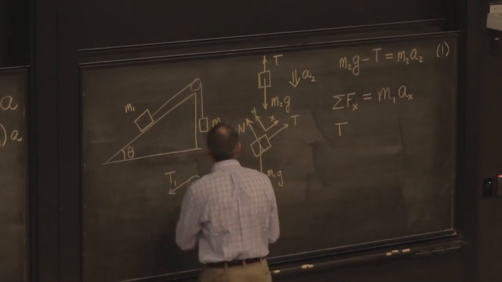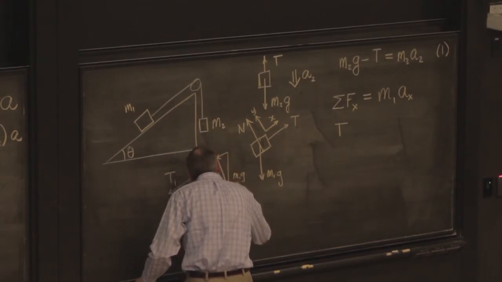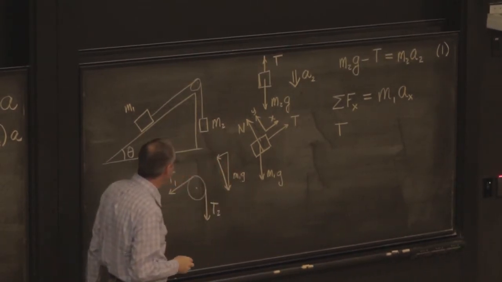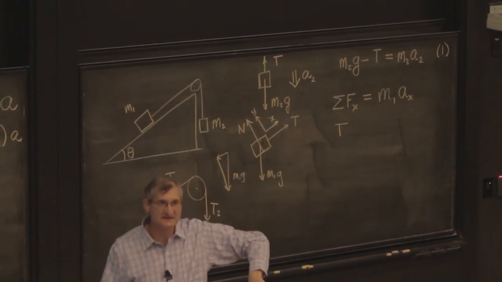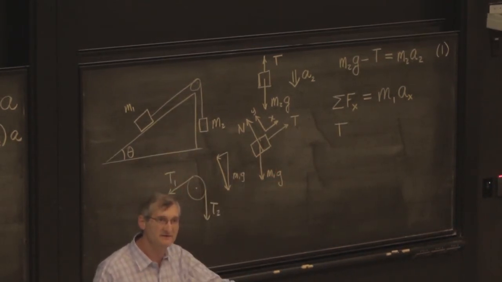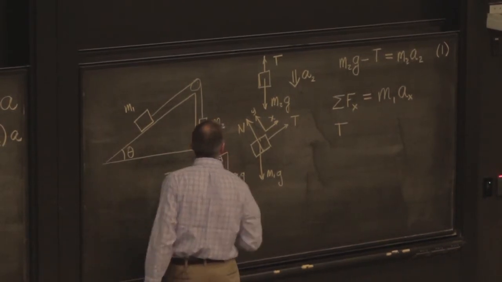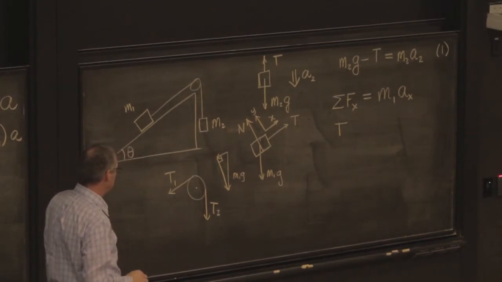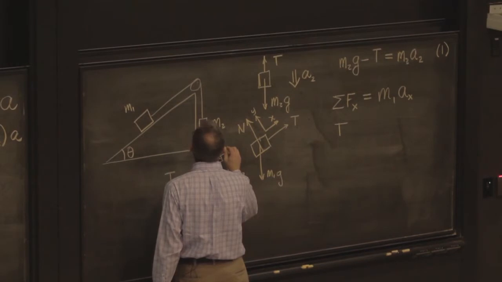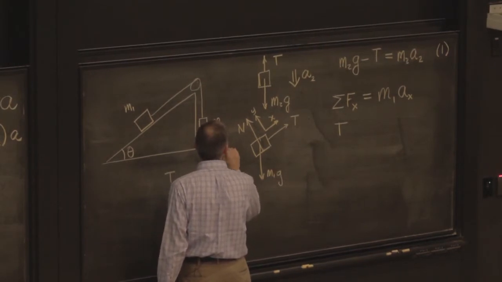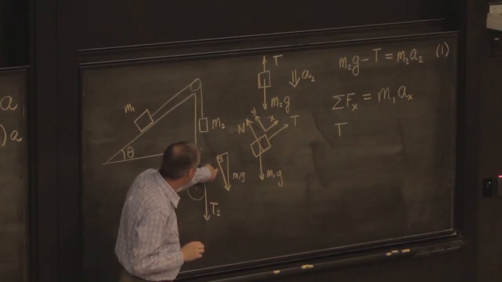I'm going to build up the force M1G with a part that is parallel to the x-axis plus a part that is parallel to the y-axis. And so this is going to be a right angle here. Okay? So this would be the x component. And this will be the y component.